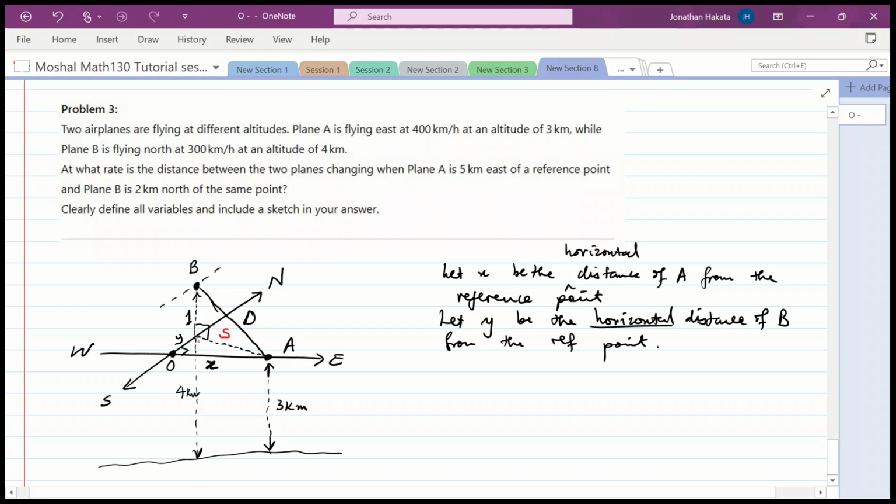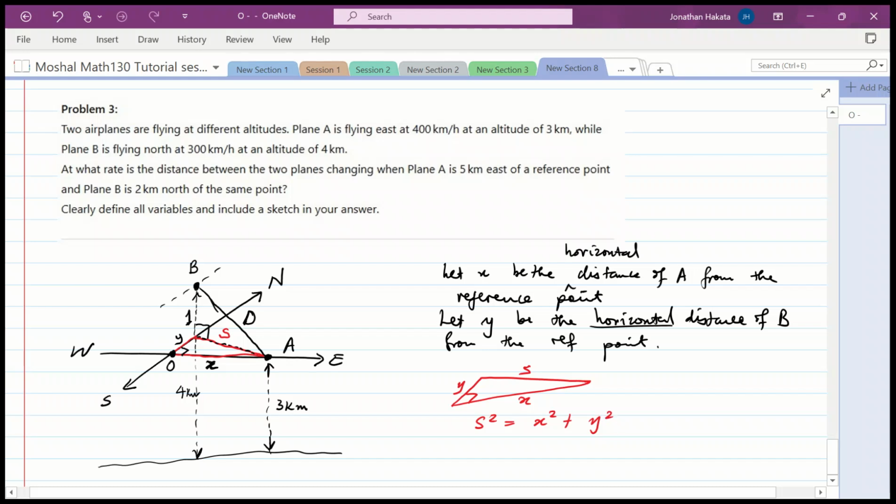I will just draw the triangle in red so that you can see it clearly. This, that, and that. So I'll just draw it here. So we have an S there, 90 degree here. This is Y and this is X. So you can agree with me that S is the hypotenuse. So S squared is equal to X squared plus Y squared.